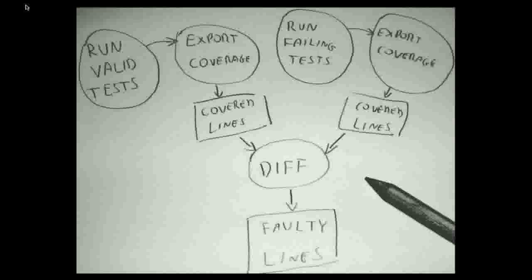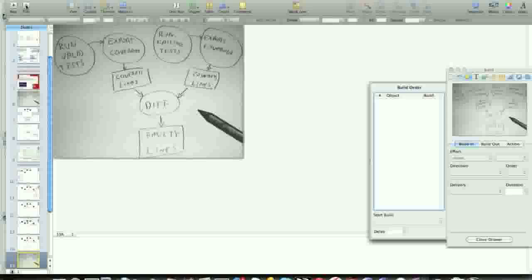I showed you the functionalities of Mesh, and now I want to show you just a brief demo of how Mesh works in practice. I'm switching to a workspace of Eclipse.